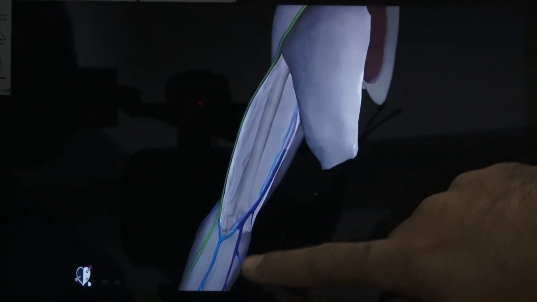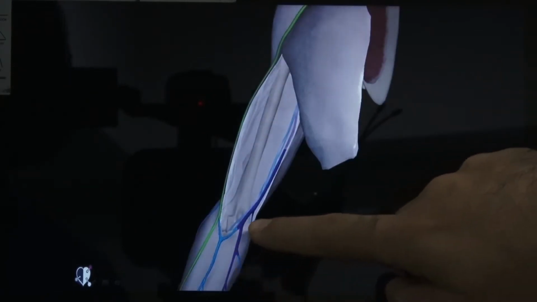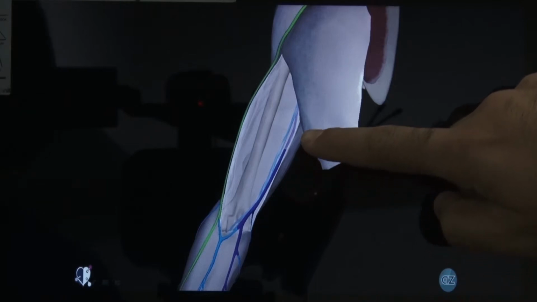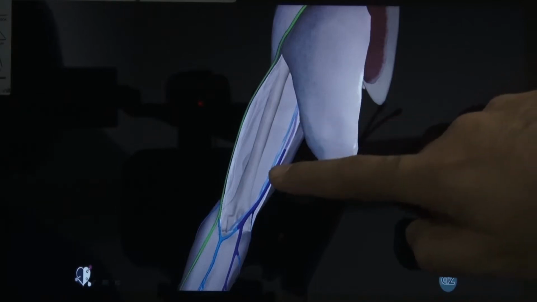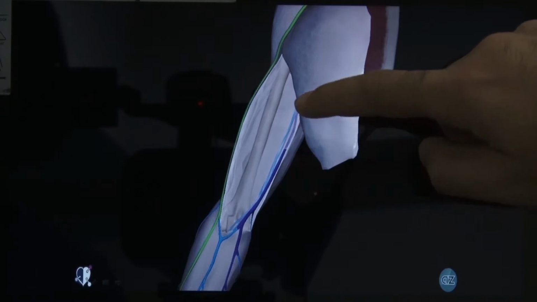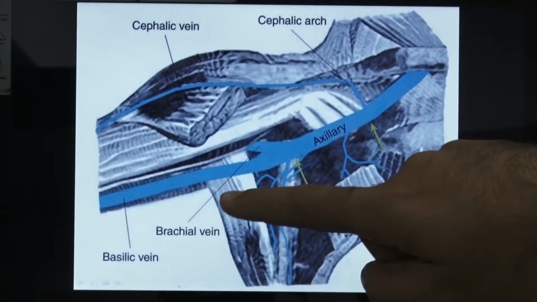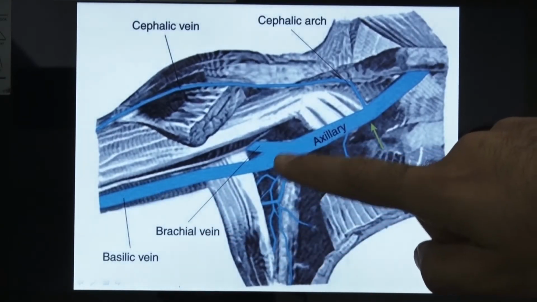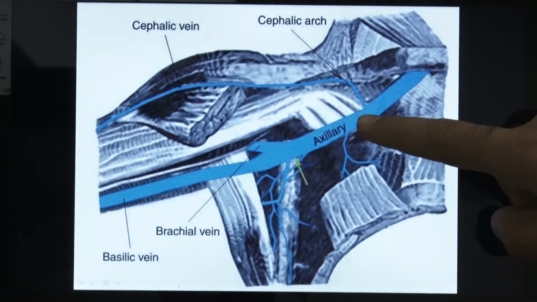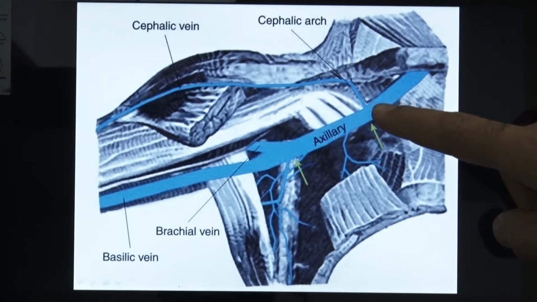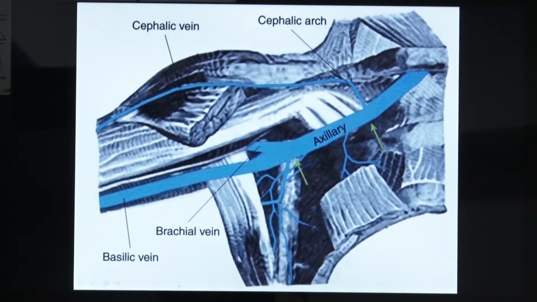Here, the basilic vein of the forearm joins the median cubital vein and forms the basilic vein of the arm, which is joined by the deeper veins, the brachial veins, and forms the axillary vein. The axillary vein is joined by the cephalic vein, which forms the arch known as the cephalic arch, and it continues as the distal part of the subclavian vein.